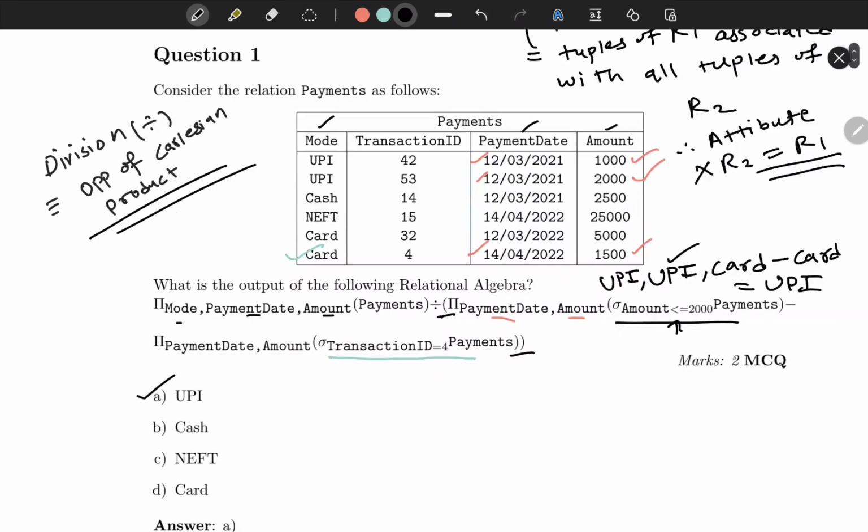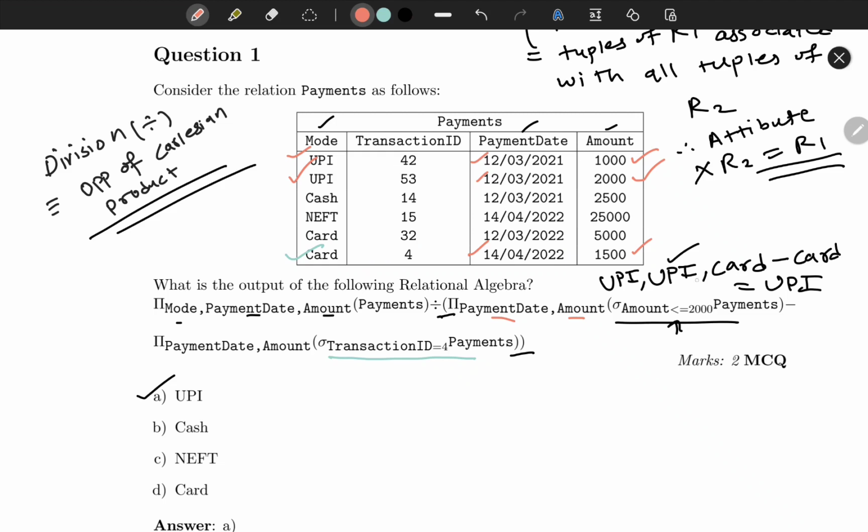just like a normal division. So in this case we will start by solving inside the bracket, where the first bracket has selecting 3 tuples that are marked in a different color than black, where the amount is greater than or equal to 2000, and the modes are UPI and card. And in the second query, where the transaction ID is 4, card is selected.